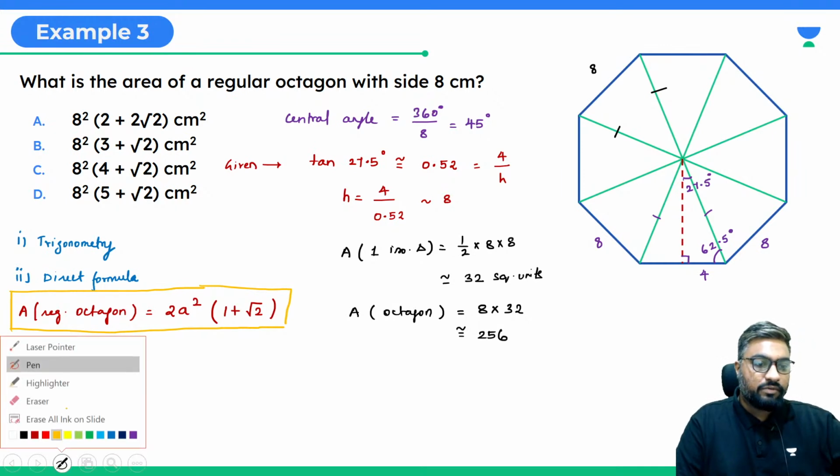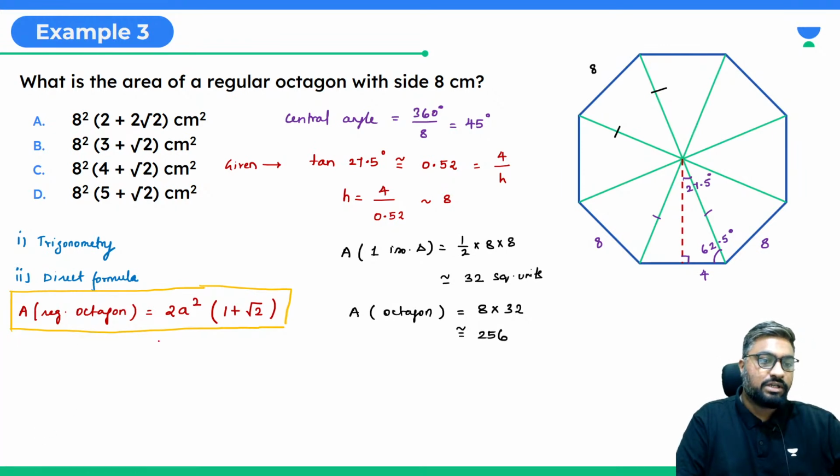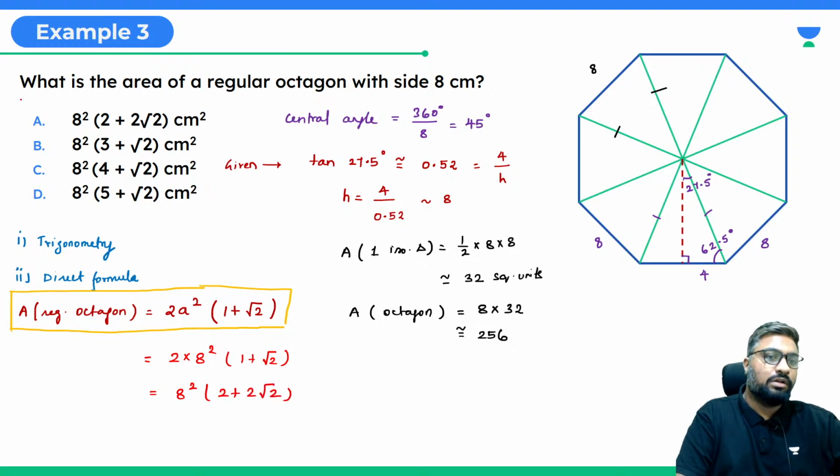Okay, so we would end up getting what if we substitute it here? 2 into a square, which is 8 square, into 1 plus root 2. Yes, which is 8 square into 2 plus 2 root 2, which is option A. ठीक है?